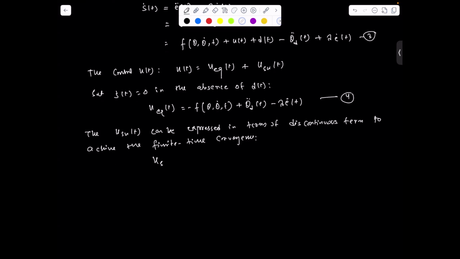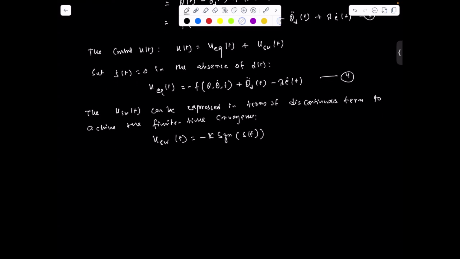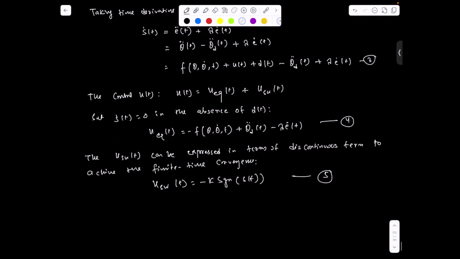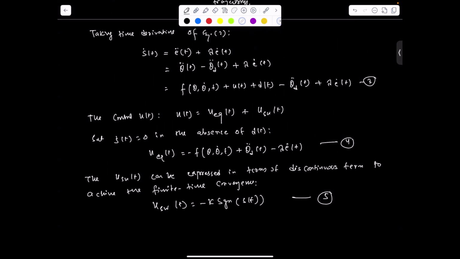So we can write U SW of T, we can add minus K signum S of T. So using this control, there is a simple way if you find difficulty: in place of S dot of T, you can substitute this term, which gives the switching control, and these other terms will provide the equivalent control.